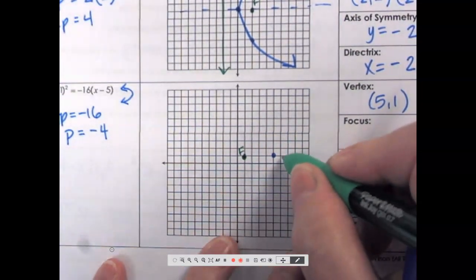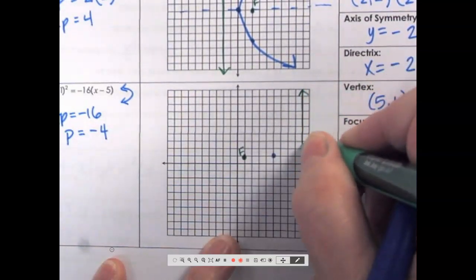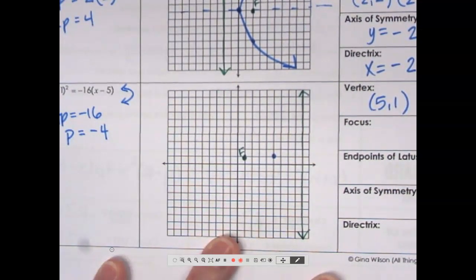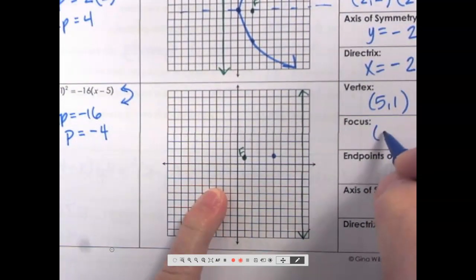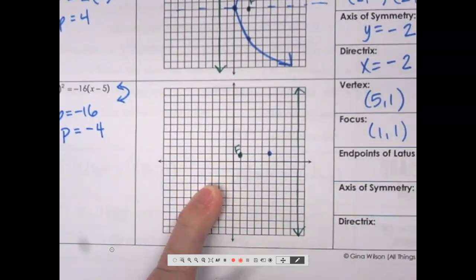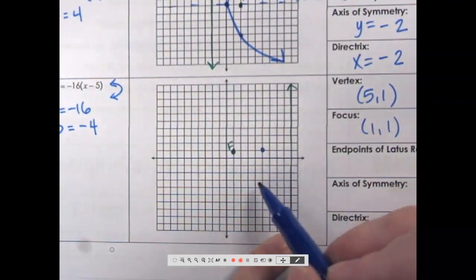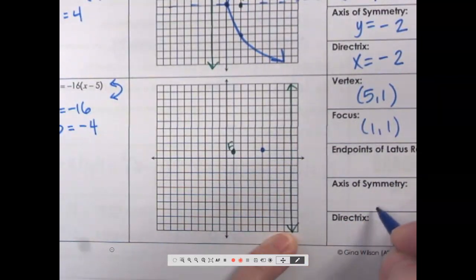And then I'm going to go this way. 1, 2, 3, 4. That will be the directrix. Okay, so the ordered pair for the focus looks like 1, 1. The equation for the directrix, that was 9. x equals 9.